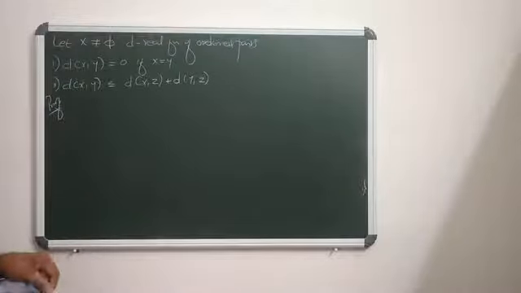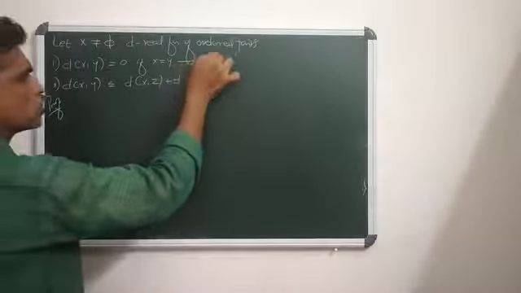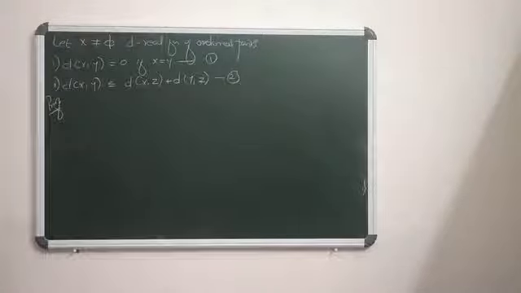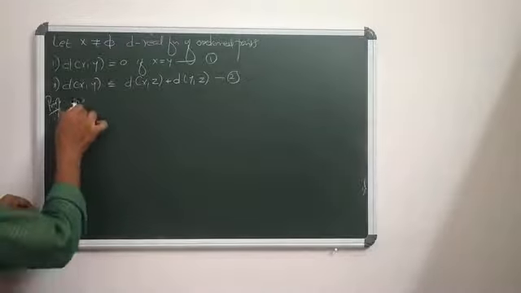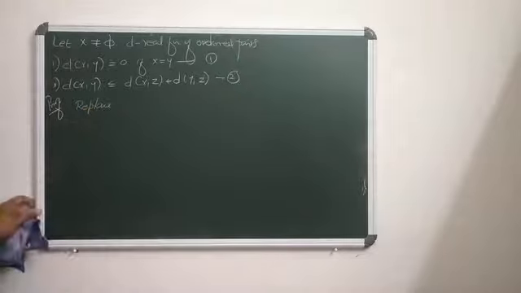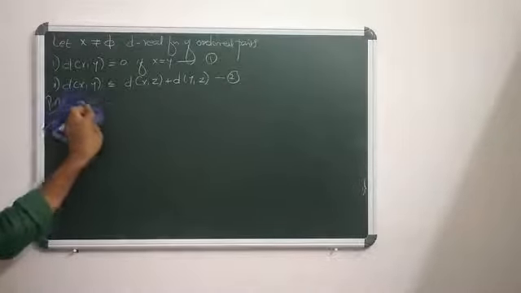So, it is given, this is the first one, dxy equals 0 if x equals y, and dxy is less than or equal to dxz plus dyz. Dyz means dzy, whatever may be. Then first we show dxy greater than or equal to 0.